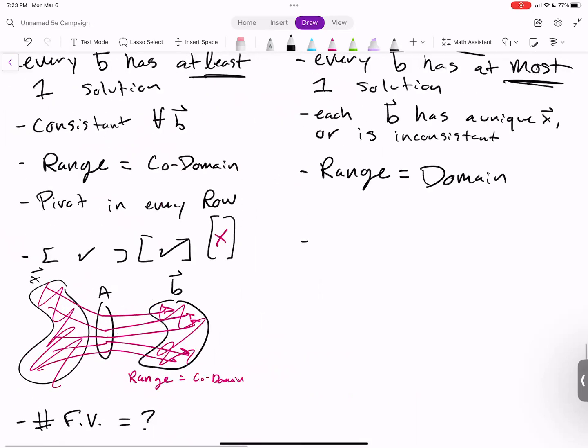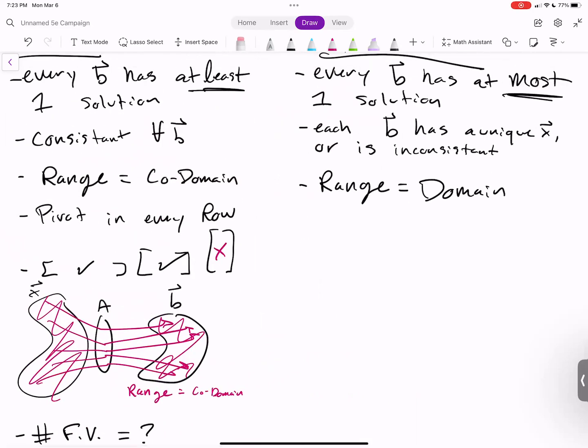So, onto had a pivot in every row. So one-to-one is going to have a pivot in every column. Okay. So thinking about pivot in every column, talking about the three different shapes of matrices.